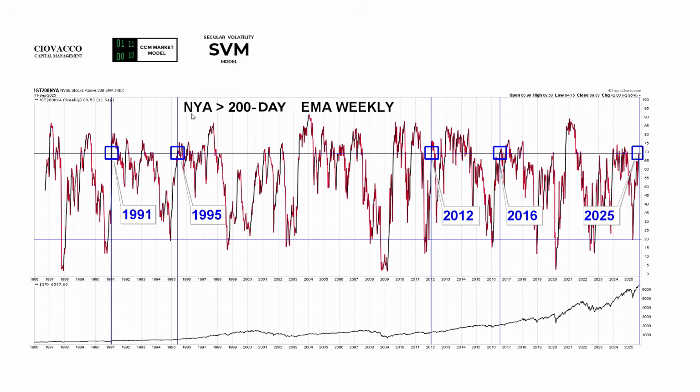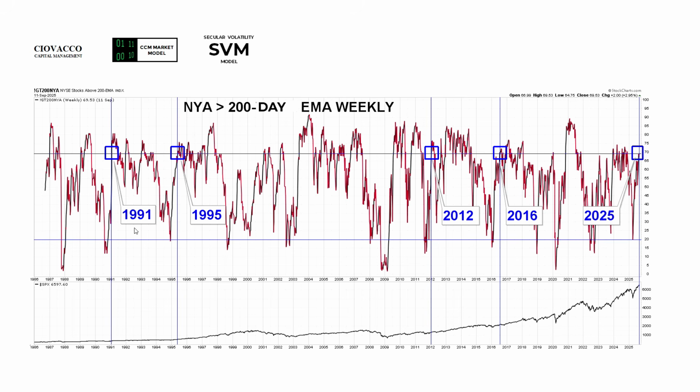Similar concepts here. Data set, NYSE stocks greater than their 200-day exponential moving average. It's a weekly chart. We check it every Friday. It's extremely rare to see a rapid turnaround in sentiment. This is a breadth thrust here, and it happens very, very rapidly.